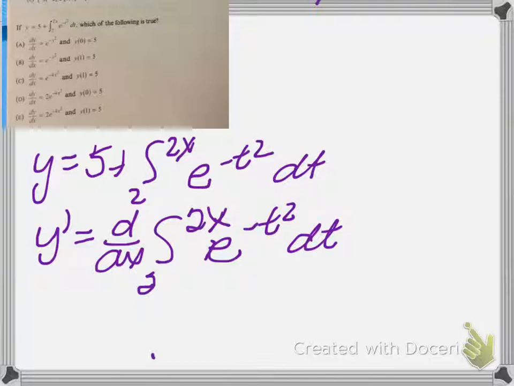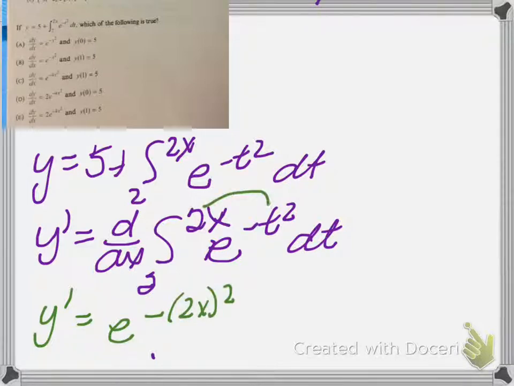Okay, so now I can say that y prime just equals e to the negative 2x squared, right? I'm taking this 2x and putting it in here for the t, times the derivative of 2x, which is 2. So I'm going to put that up here.